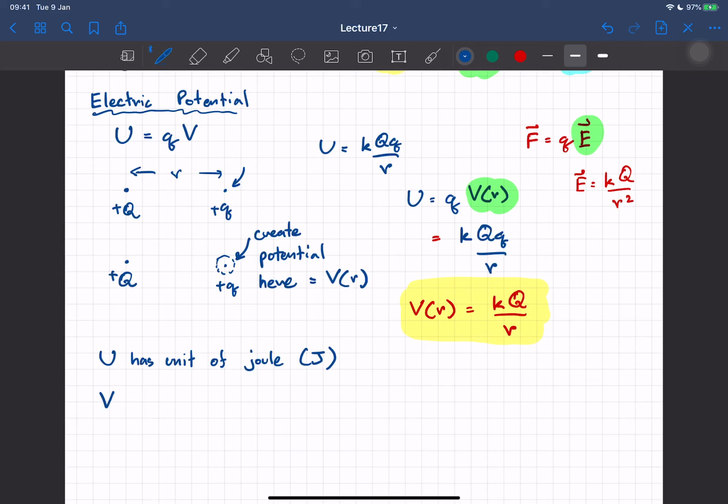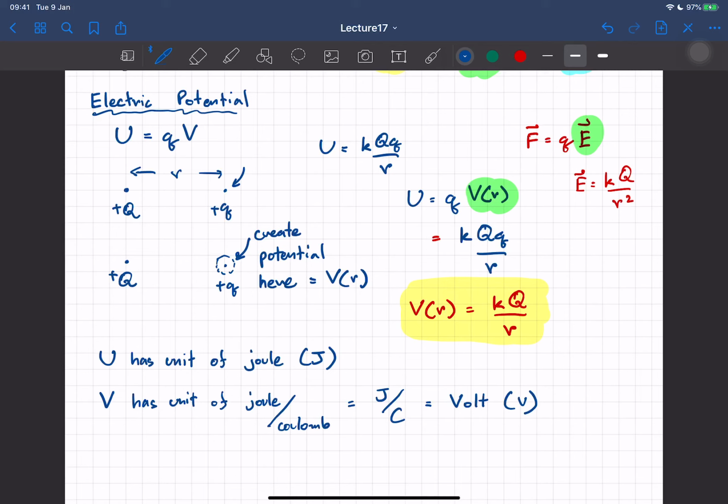But potential V, looking at this equation, is joules per coulomb, or J per C, or we call this volt, or V.